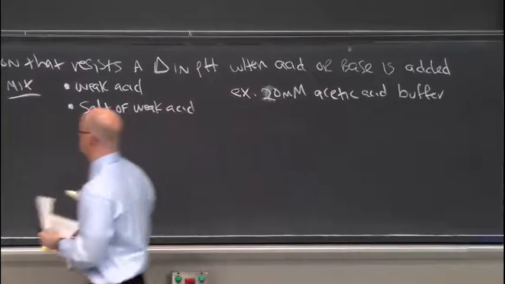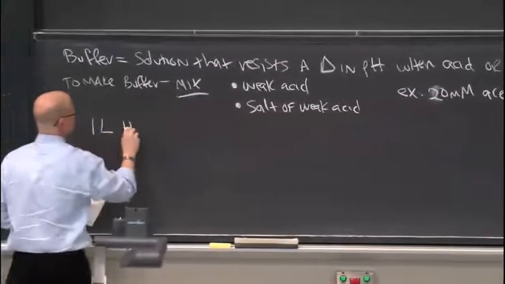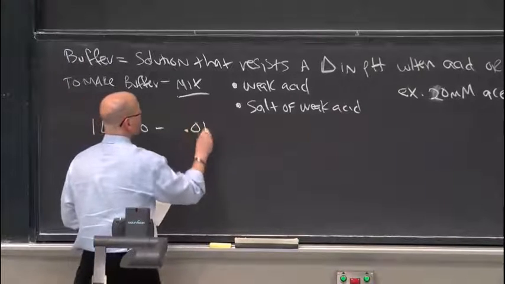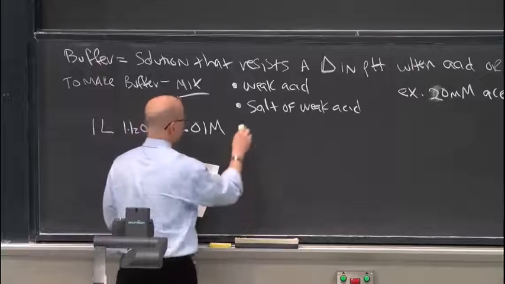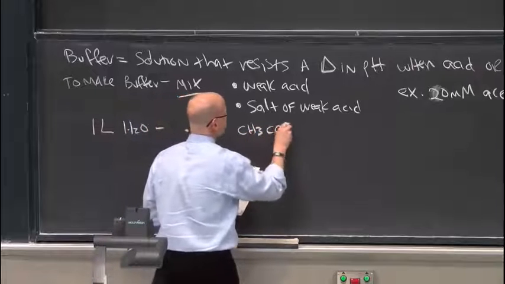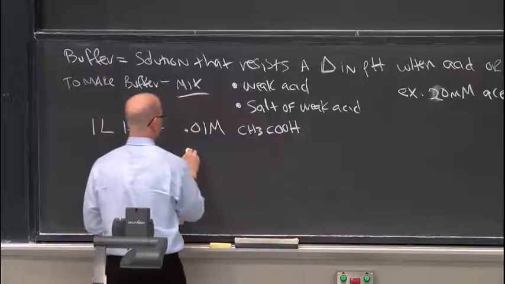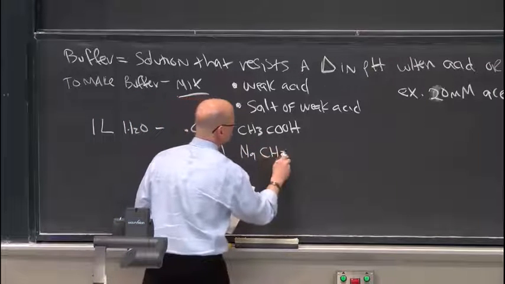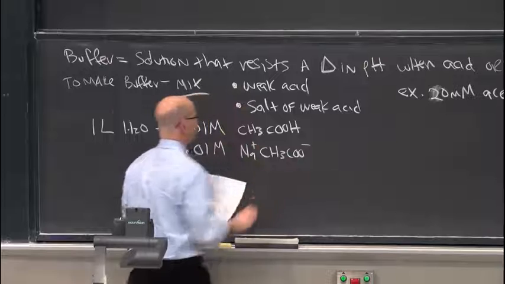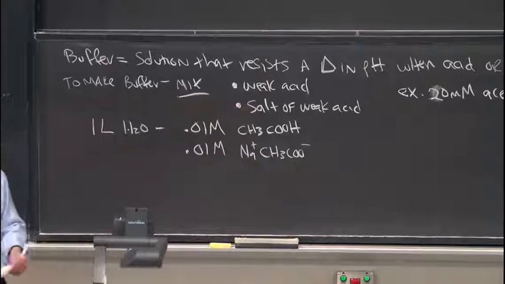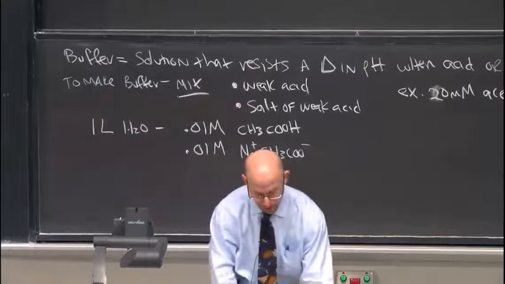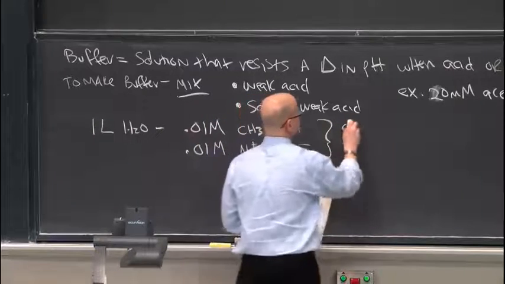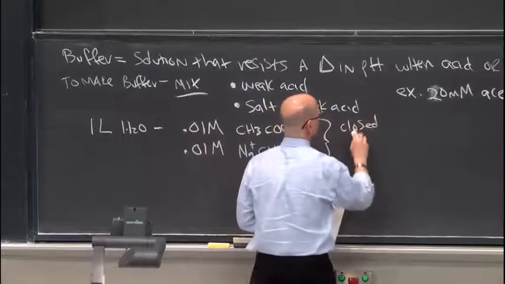So we're going to use 1 liter of H2O as our final volume, and we will dissolve in it 0.01 molar acetic acid and 0.01 molar sodium acetate. Okay? Now, this is an important point. This is an example of what we're going to call a closed buffer system.